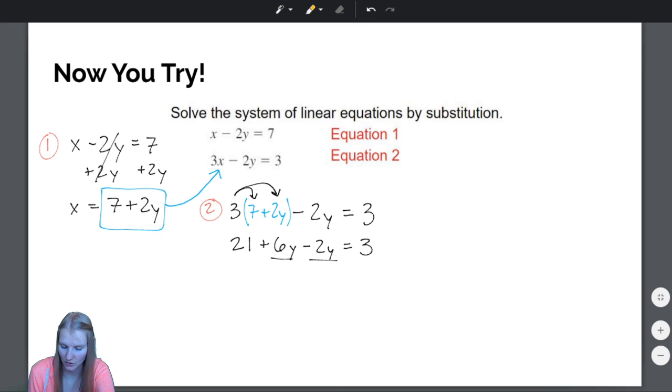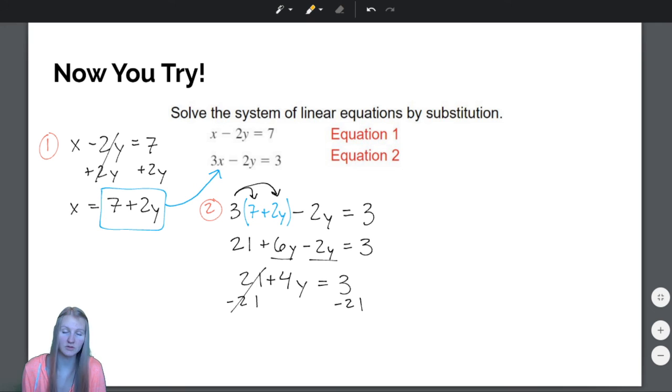6y minus 2y is 4y. So we have 21 plus 4y equals 3. Let's see, I can subtract 21 on both sides to get the 4y by itself. And what is 3 minus 21?